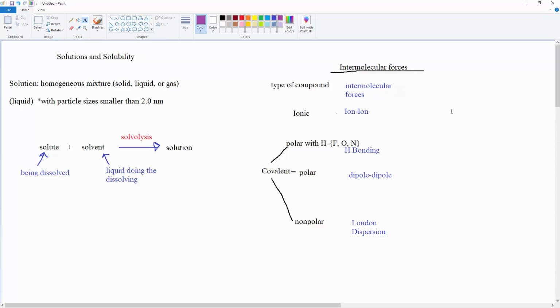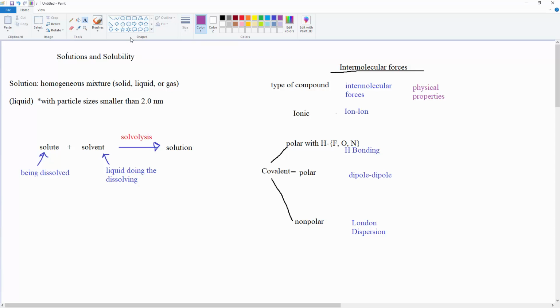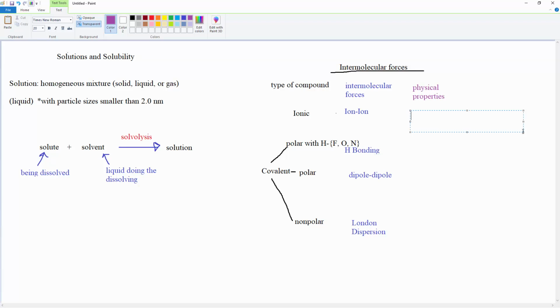And then we're going to have physical properties which arise from these intermolecular forces. And so we found that ionic compounds, for instance, had very high melting points and boiling points, because they were very strongly attracted to one another, and that they were brittle because they have this lattice network of plus and minus charges that could get misaligned and pop apart.